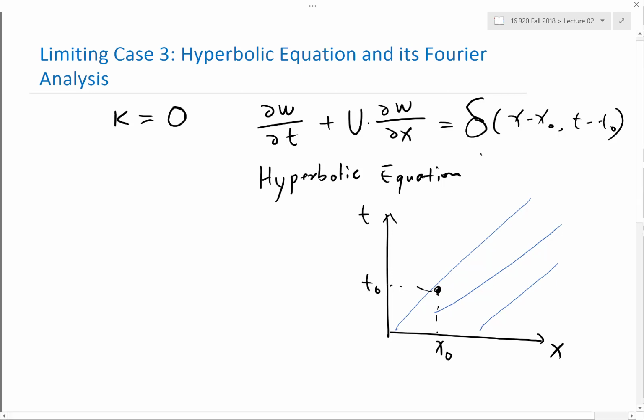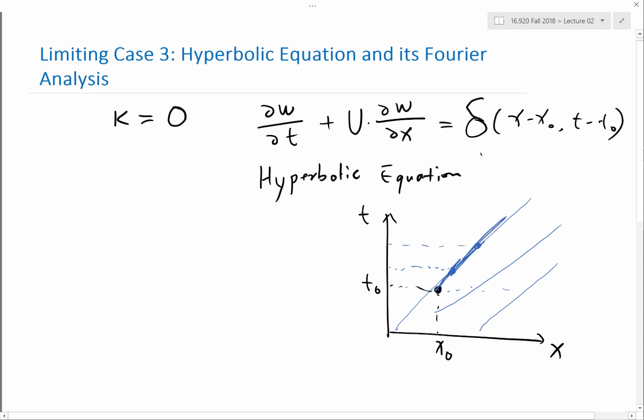So initially at t0, only this point is going to be non-zero, and everywhere else is going to be 0. The non-zero region stays as small as initial, but the location is going to be moved. At a later time, the place that was originally non-zero is actually 0, and the non-zero region is going to be over here, and even later it's going to be over here.